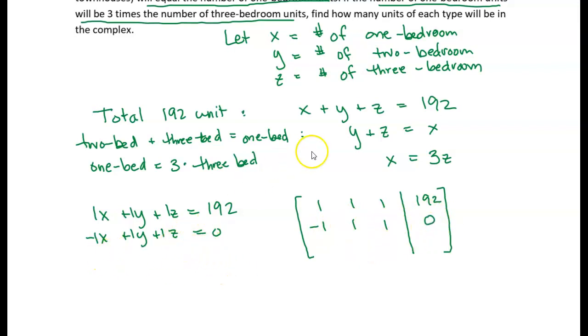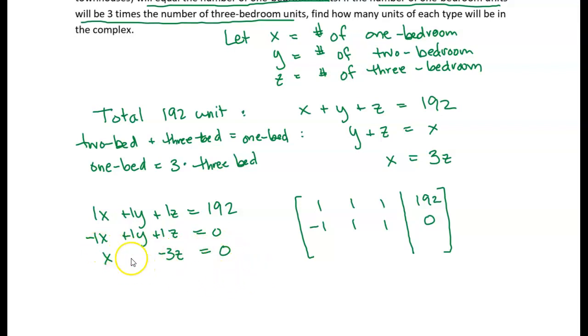Okay, so I'm just putting these equations in the form I need so that I can write my augmented matrix. And in this last one, I need all the variables on the left-hand side. So I'm going to subtract 3z from both sides. So I've got x, I don't have any y values at all, and then we have minus 3z is equal to 0.